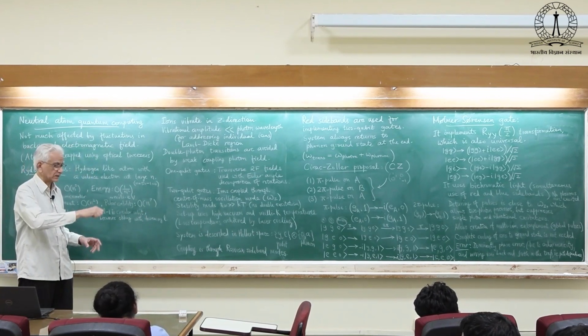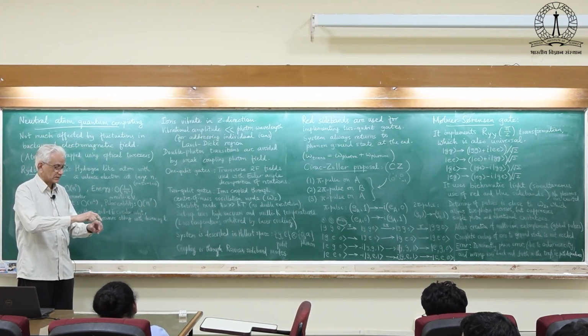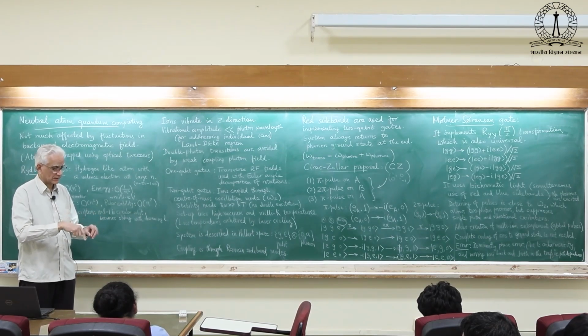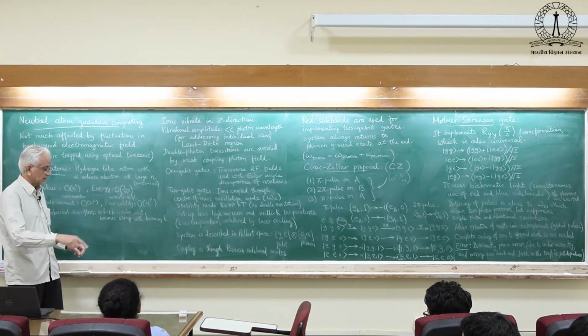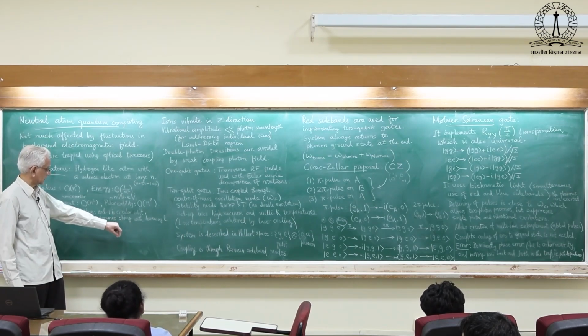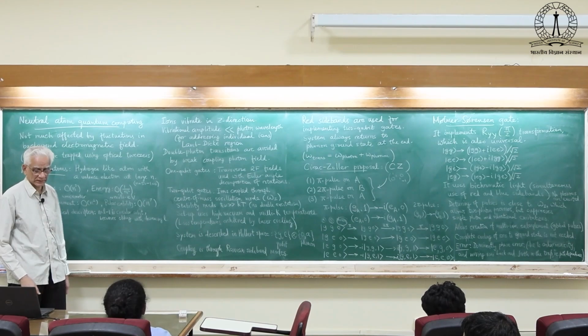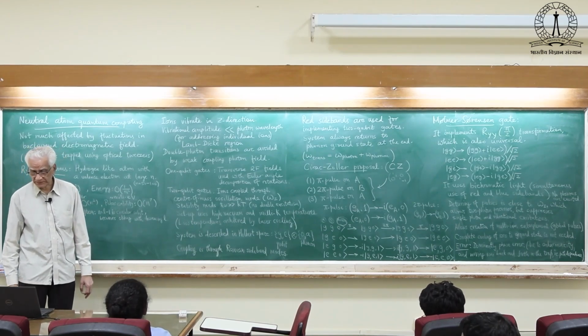So, from the circular orbit, slowly you go to smaller and smaller L, and then it becomes like an ellipse and the nucleus will be at one focus. So, this is the description which comes out.